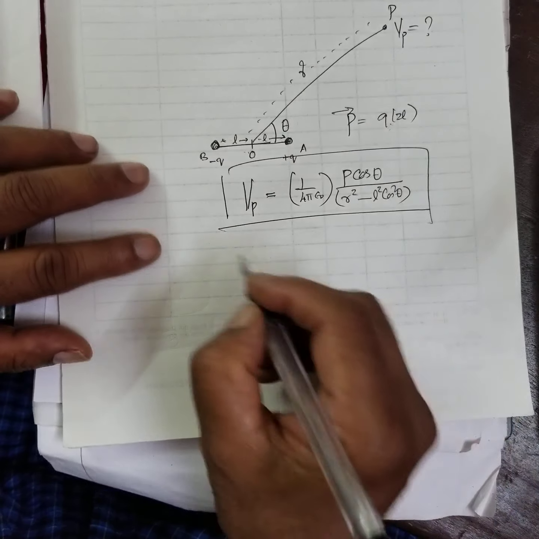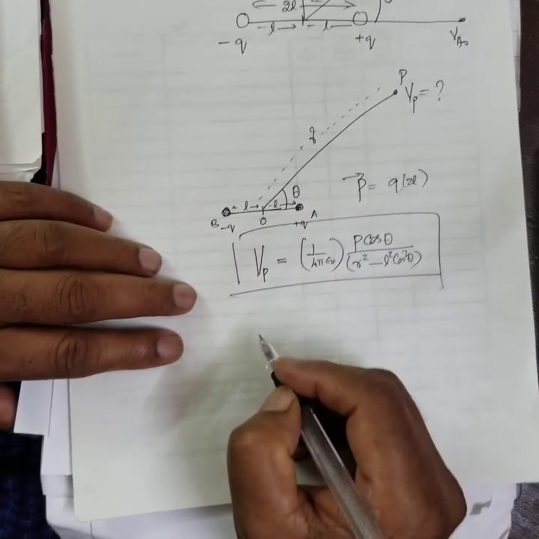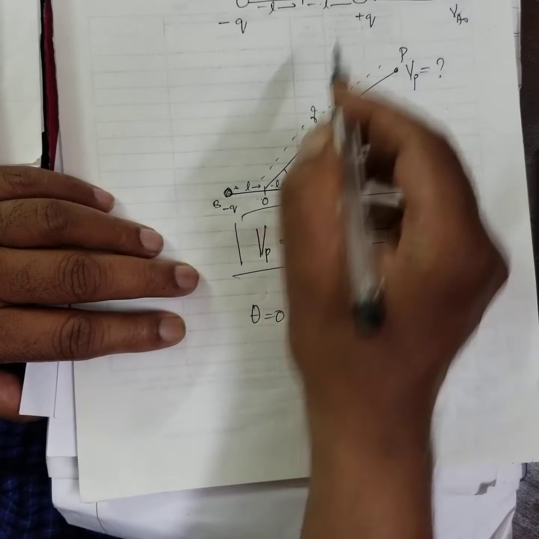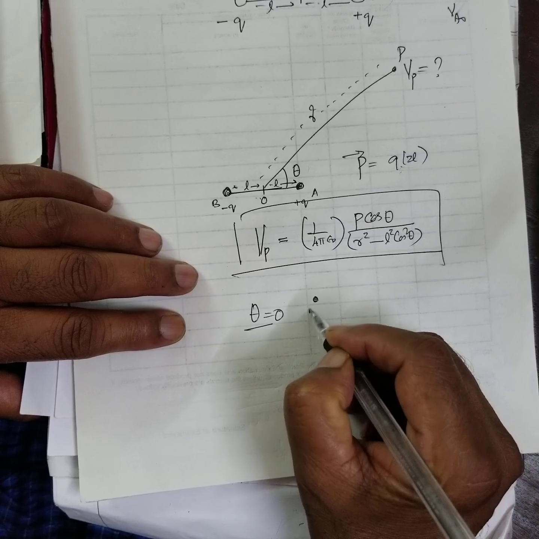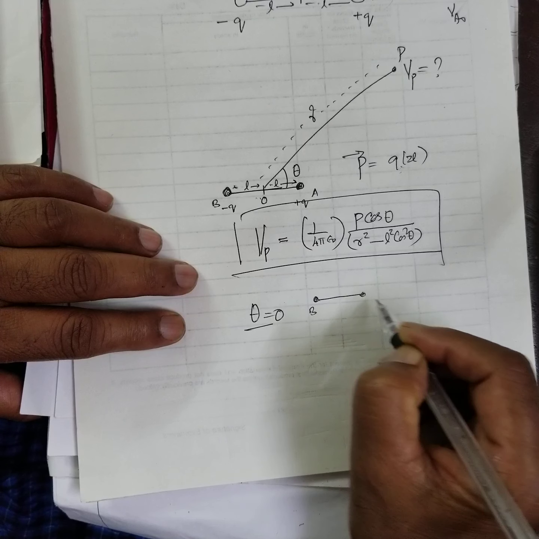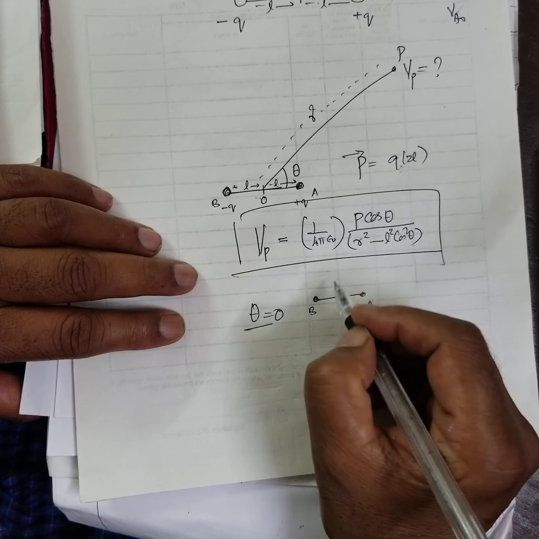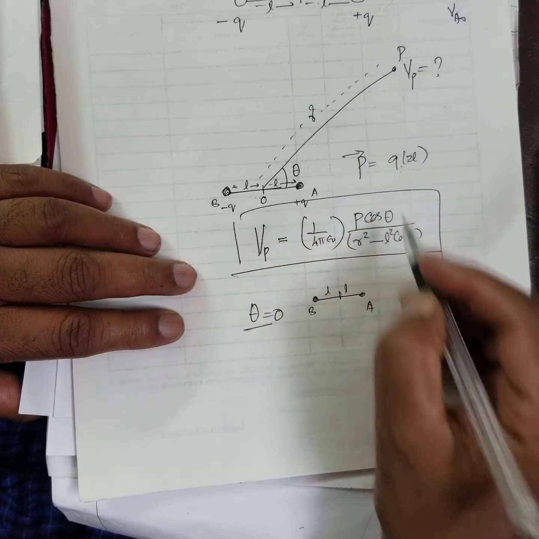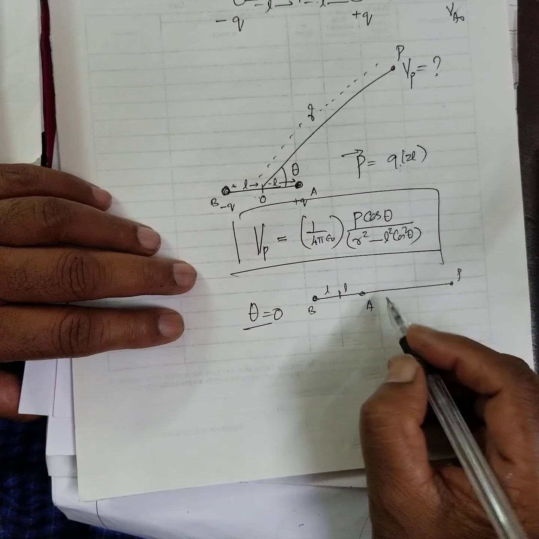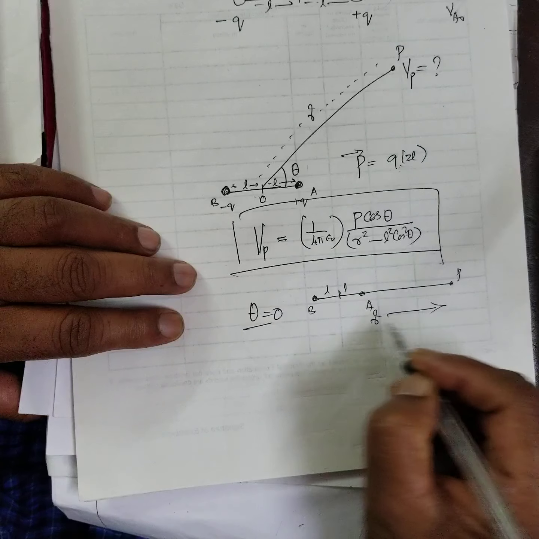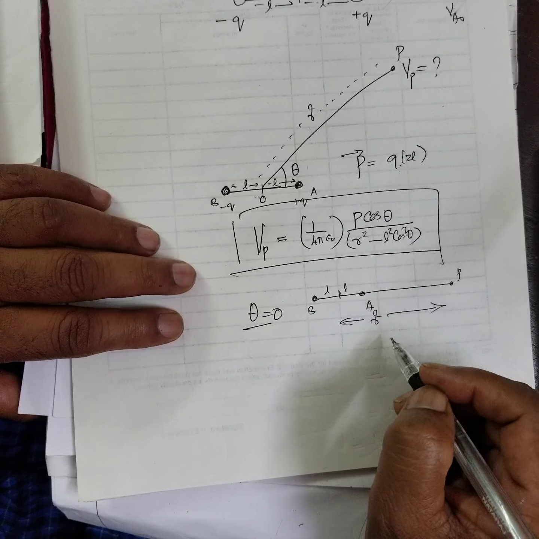Along the axial line, if theta is equal to 0, then what will happen? This is B, this is A, this is L. Theta equal to 0 means the point lies along the axial line.